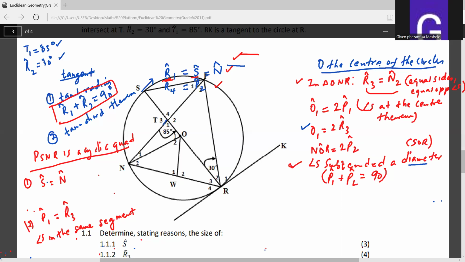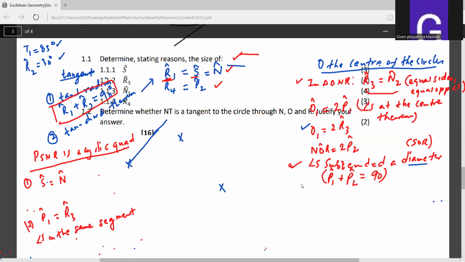That's NT. Whether NT is a tangent to this circle that is passing through N, passing through O, and passing through R, if I'm not mistaken. Let me check. Yes, NOR.